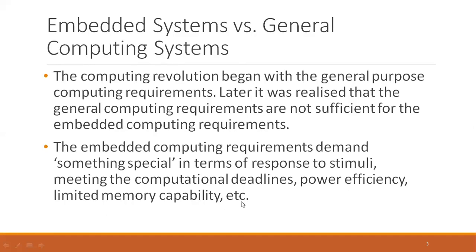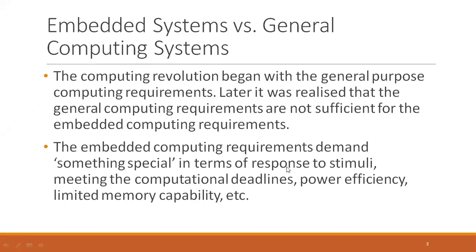Unlike your general computing system, where you have huge memory, in terms of 8 GB RAM or 500 GB hard disk, and you don't need much stimuli there, in the embedded system you require a lot of features, something like stimuli, right?